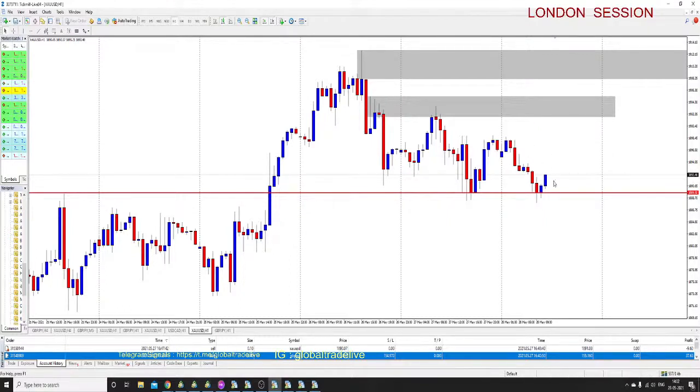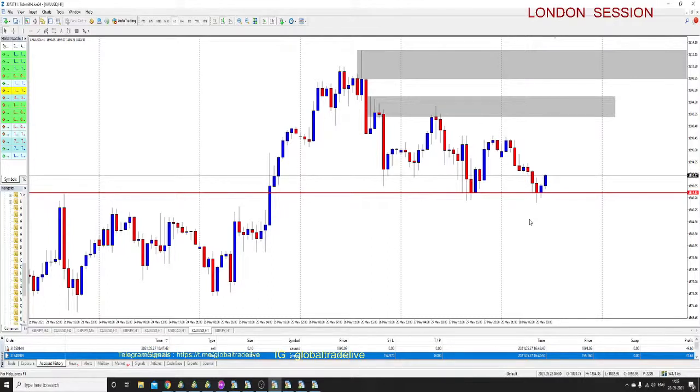Okay, so now gold is just rejecting this area over here, guys. Let me tell you that we were not accessing the whole information till now, and from now onwards, we will be accessing more information.